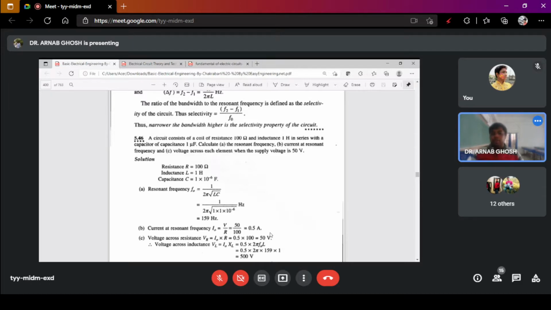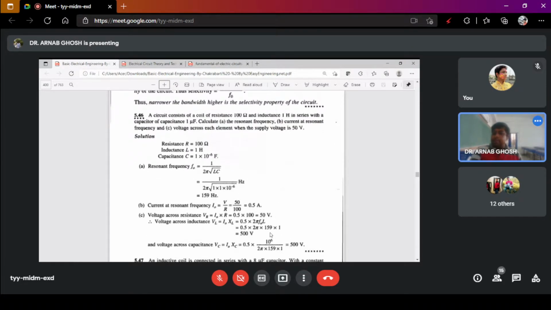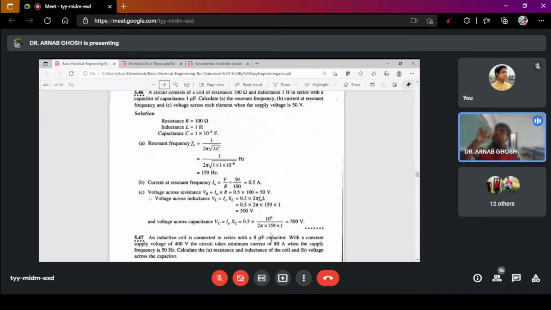Okay. Now next what you have to calculate is the voltage across each element when the supply voltage is 50 volt. This also I have explained. The voltage across the resistance will be the same as the main voltage supply, since the voltage across the inductance and the voltage across the capacitance are equal and in opposite phase to each other.